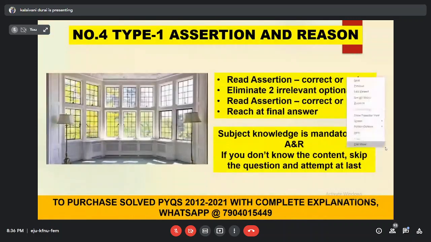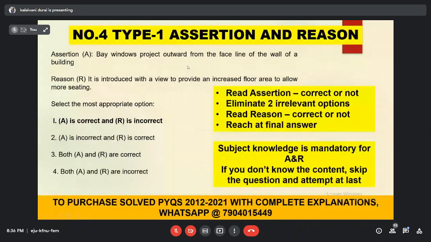So we are imagining this bay window in our brain, and then you read the reason. It is introduced with a view to provide an increased floor area to allow more seating. Just think, we are just projecting the window outside. We are not increasing the bottom, that is the floor area here.